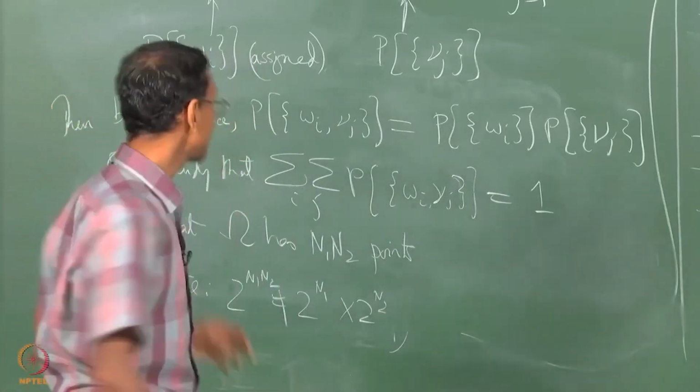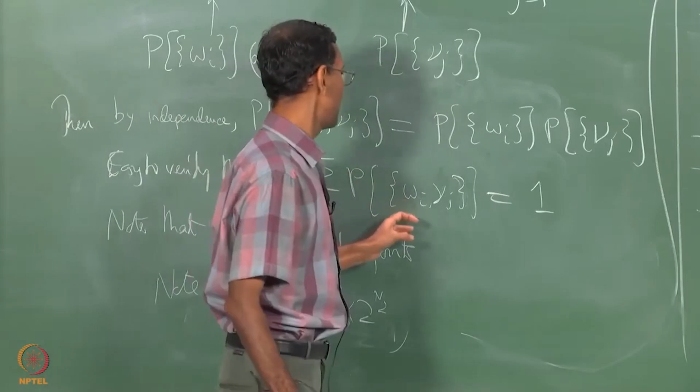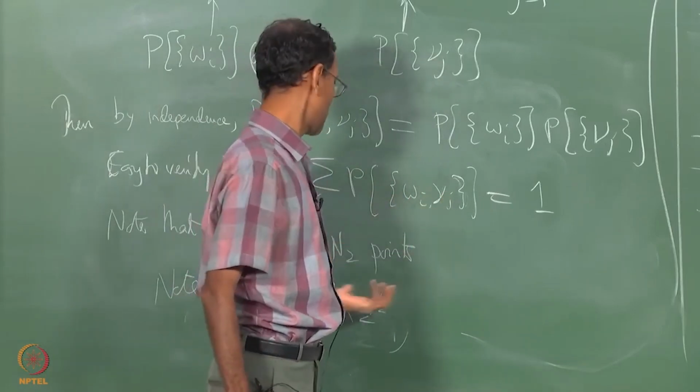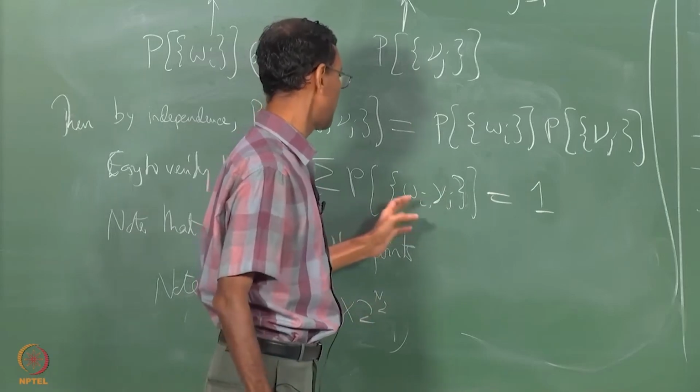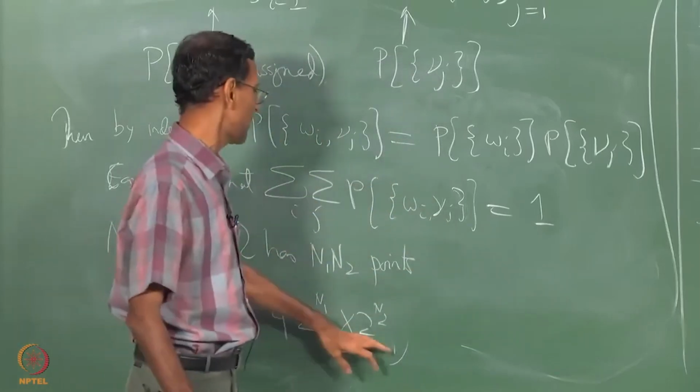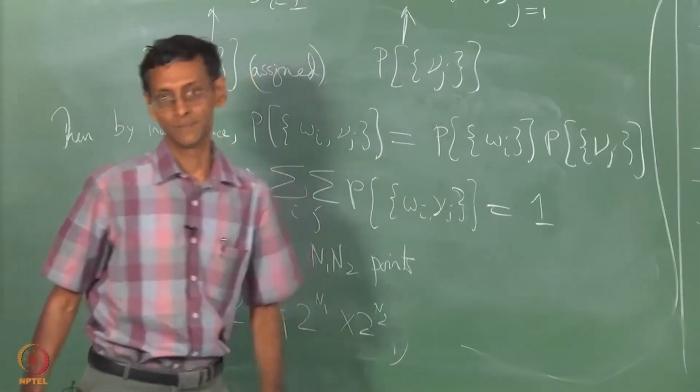Why does that happen? Because if I take omega 1 comma nu 2, or omega 1 comma nu 2 union omega 3 comma nu 4 or something, that event cannot be formed this way.